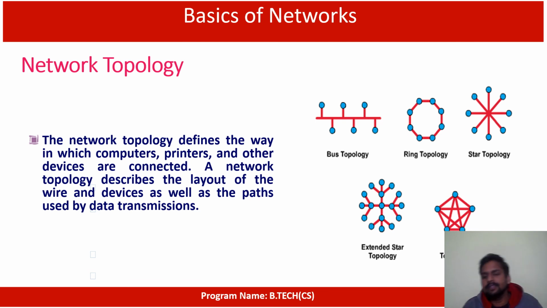So if any system's connectivity is not working, it will know that that line is not working, and since it already has other lines, it will automatically transfer the message.